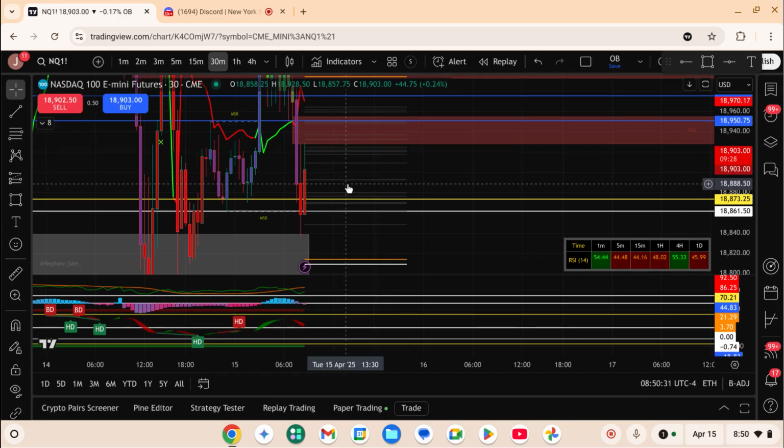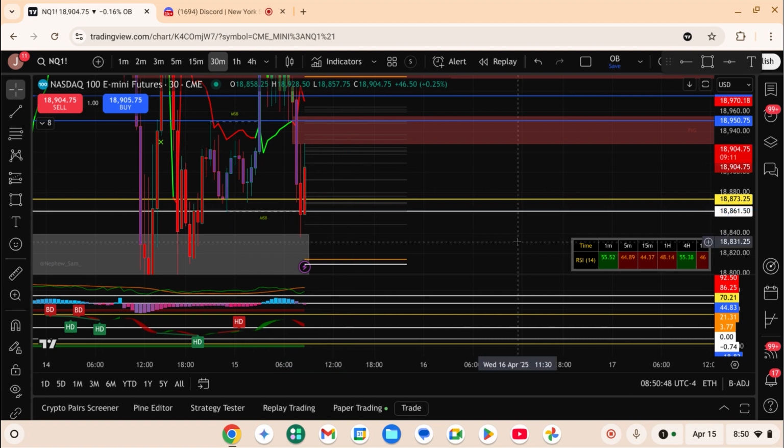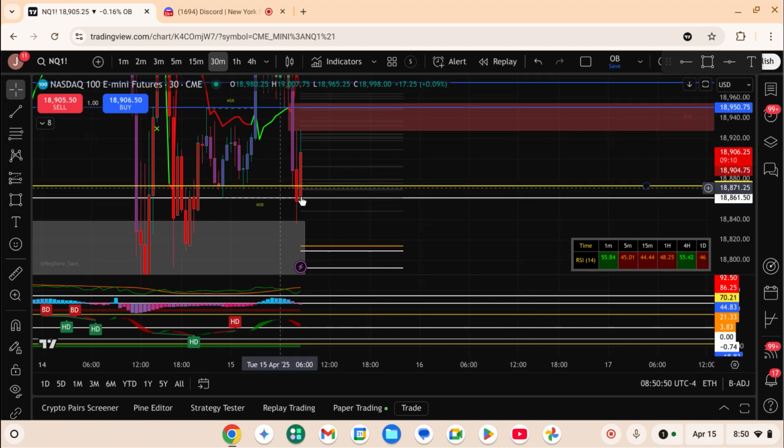Now, if price came back into this order block here, because order blocks are only good for a one-time use. So let's say it comes back into here, and then price closes below the bottom of that order block, we'll look to short it from there.